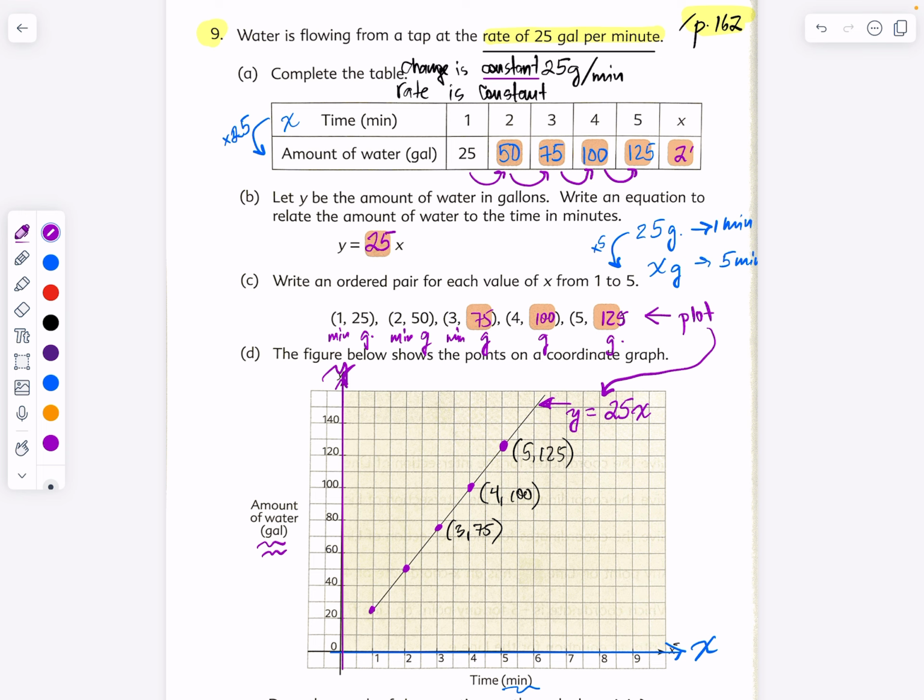Here, 25 times x, because times 25, right? Each minute is 25 gallons more. Notice how we expressed the relationship between volume of water and the time it takes to fill it up as a straight line.